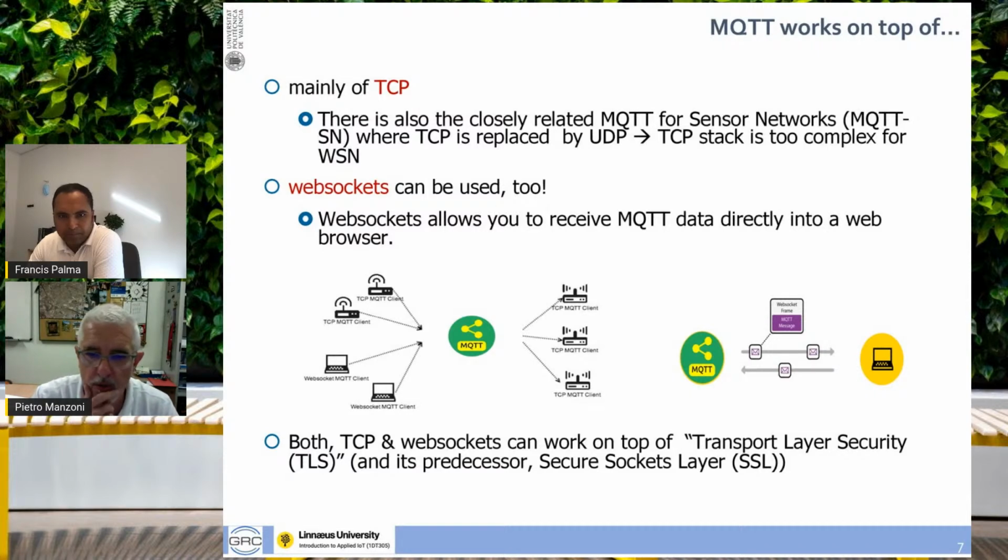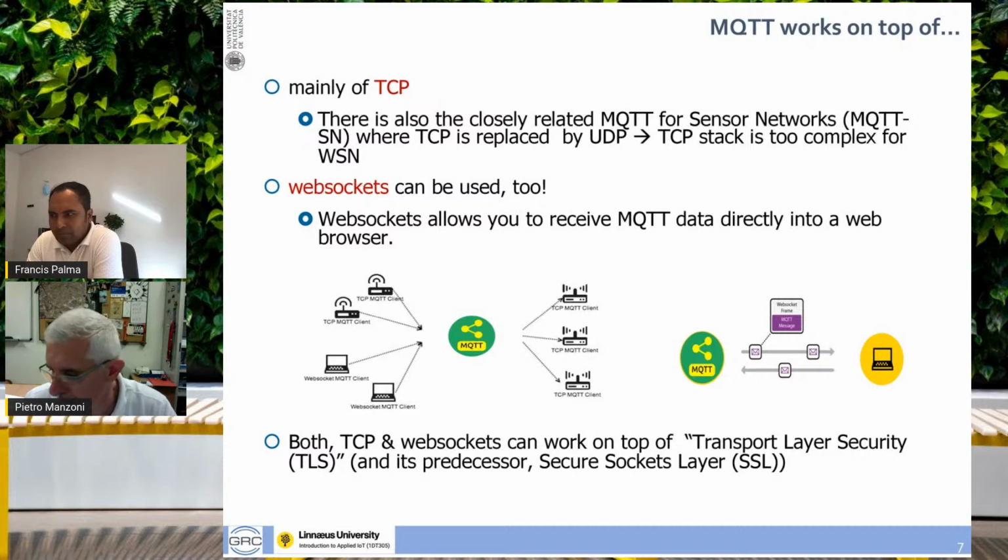And here you see, it's important that MQTT is on top of TCP. So in the communication stack it is kind of like HTTP, higher level. Typically below it has TCP, so it's written on top of TCP. There is a version not widely used, but it's available, which is called MQTT-SN.